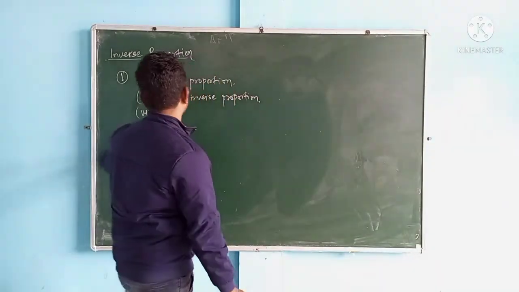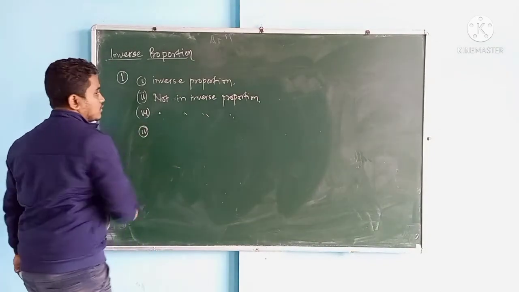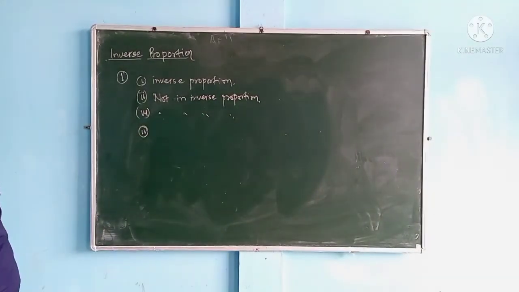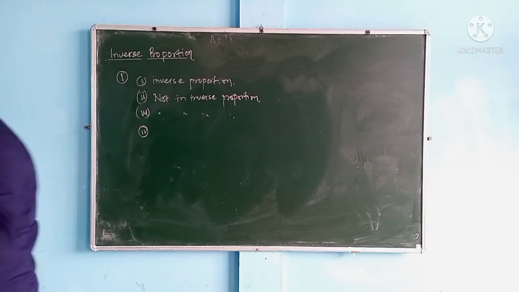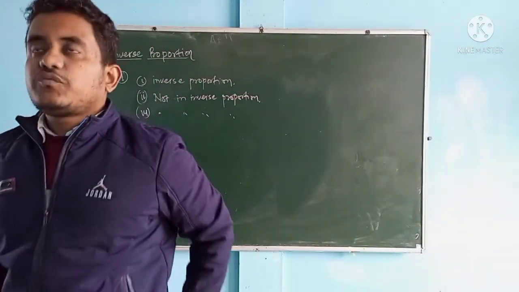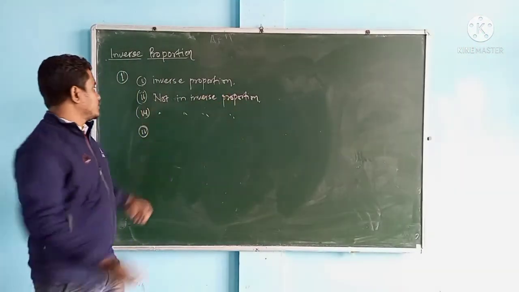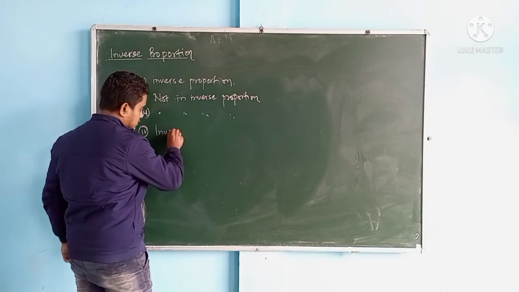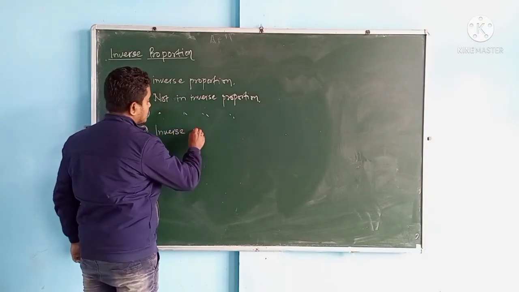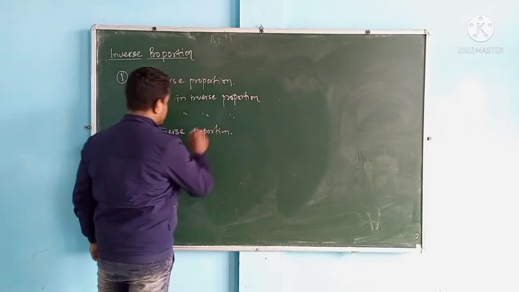That means this one is also direct proportion, so same answer. Similarly, the next question: the time taken for a fixed journey and the speed of the vehicle. As the speed of the vehicle increases, the time taken for the journey decreases. So this one is in inverse proportion.